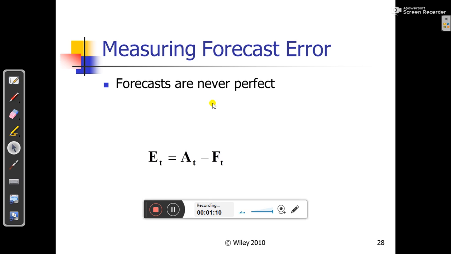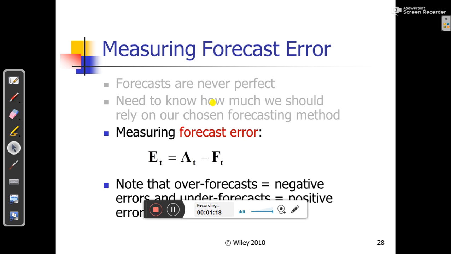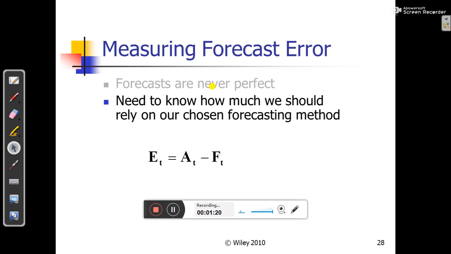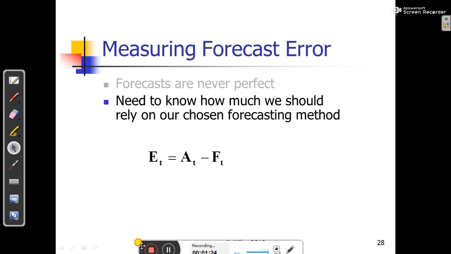So there will always be some error in forecasting. Forecasts are never perfect. We need to know how much we should rely on our chosen forecasting method. Whatever forecasting method we choose, we need to know how much we can rely upon it.